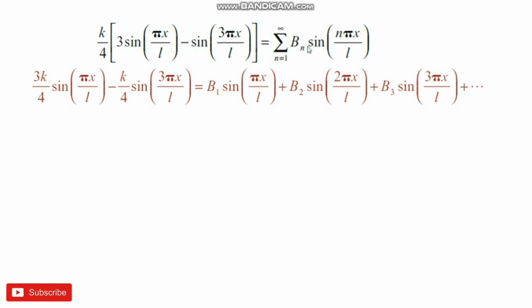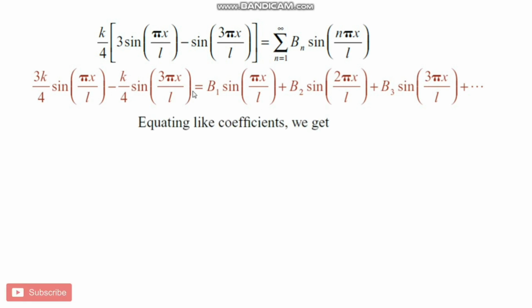Expand this series. When n is equal to 1, we have B1 sin(πx/L), plus when n equals 2, B2 sin(2πx/L), plus when n equals 3, we have the third term B3 sin(3πx/L), proceeding in this way for the next terms.